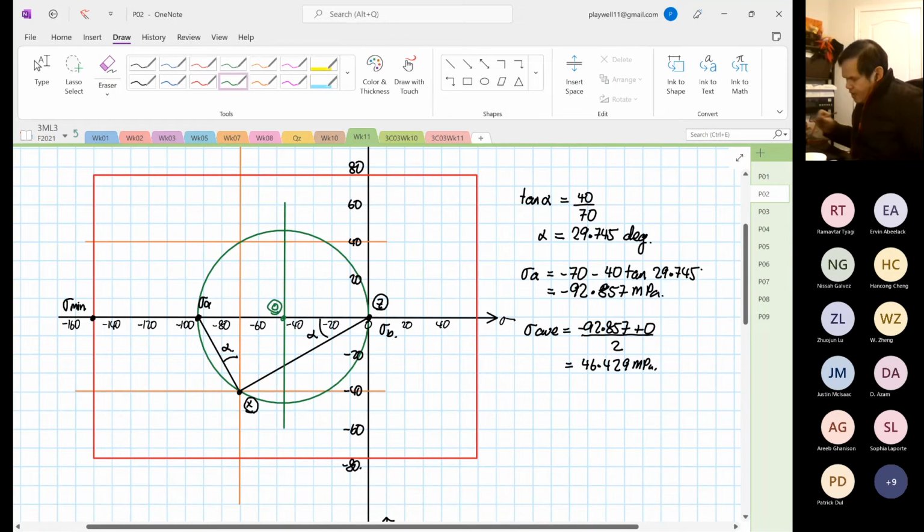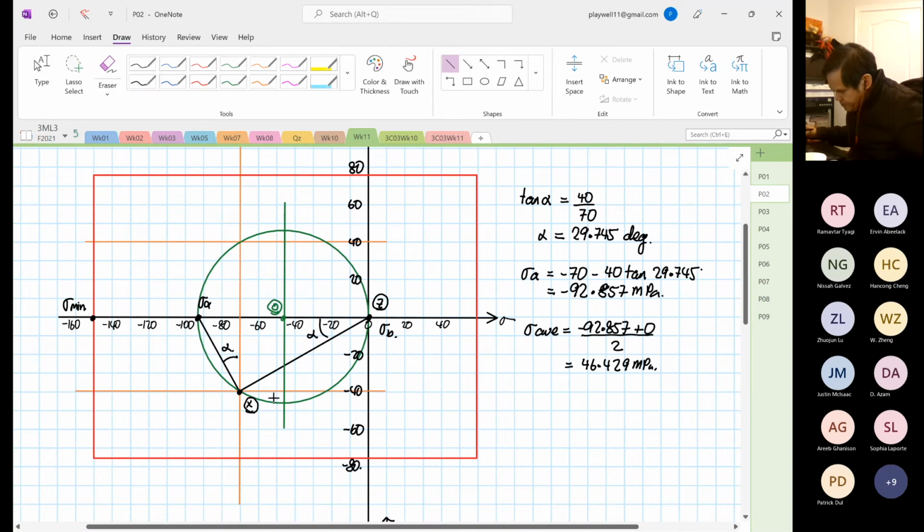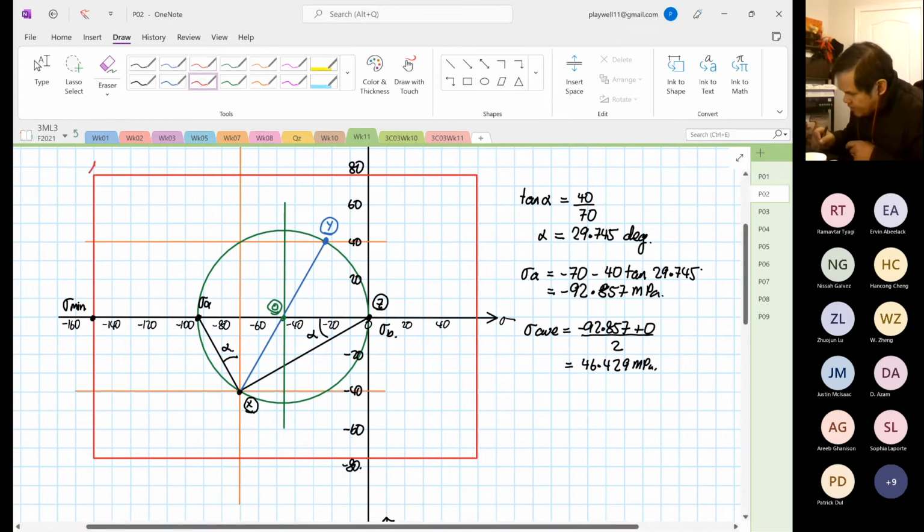Okay, then from here I can draw a straight line across, and now this is our point Y. It's possible to have a stress at Y because it's inside the no-go zone, right?